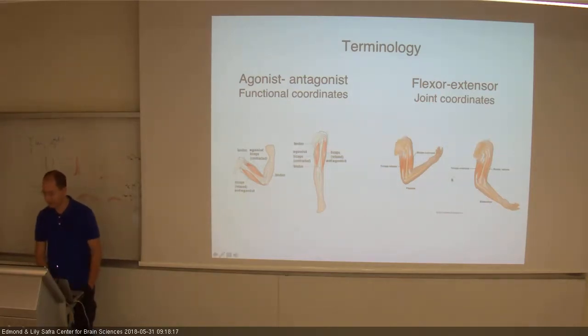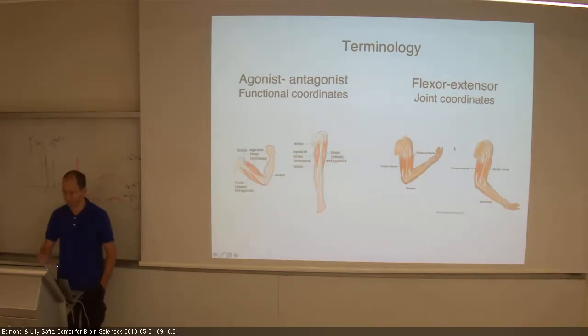This will be flexion, and this will be the flexor, the muscle that flexes the hand, and this will be the extensor, because it will extend the hand. Okay, just terminology, nothing very sophisticated, just so we have a common language.